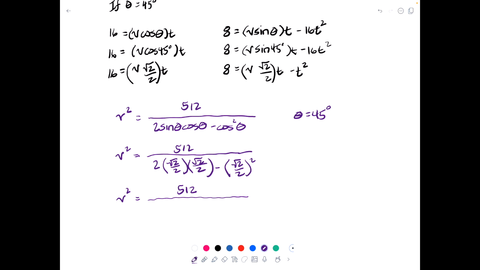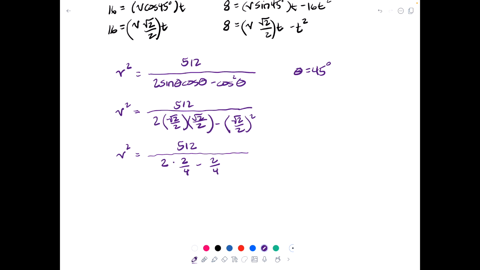2 times 2 is 4. So we'll have 2 times 2 over 4 minus 2 over 4, which is basically 1 minus a half. So v squared is equal to 512 over 1/2.